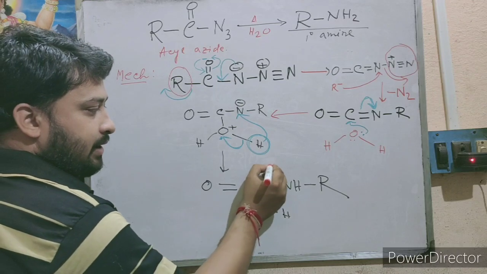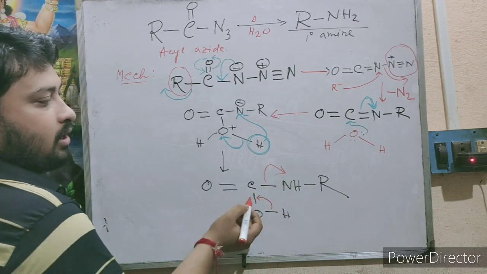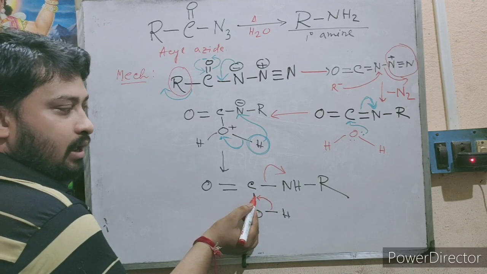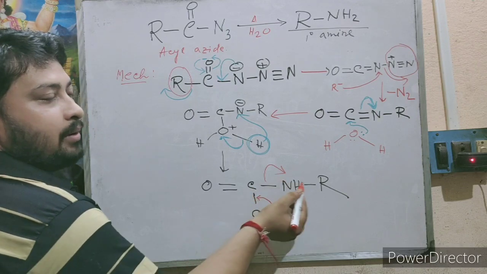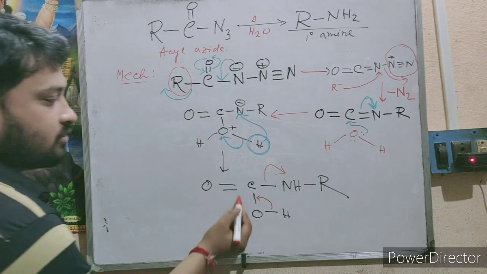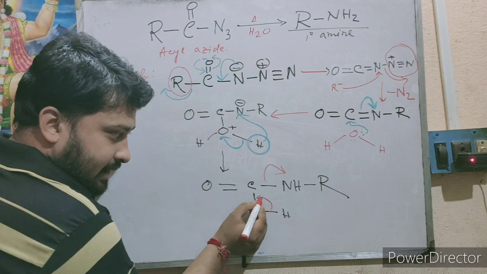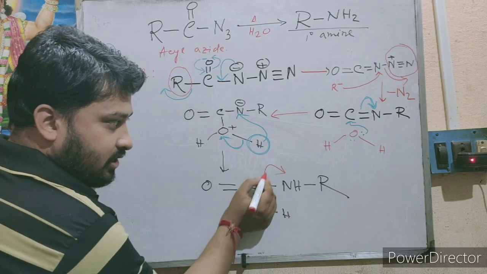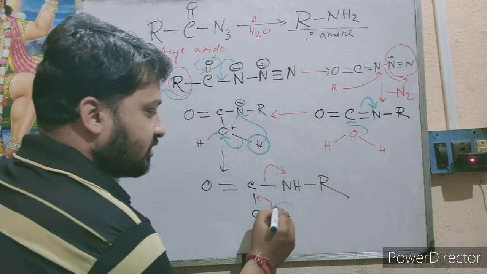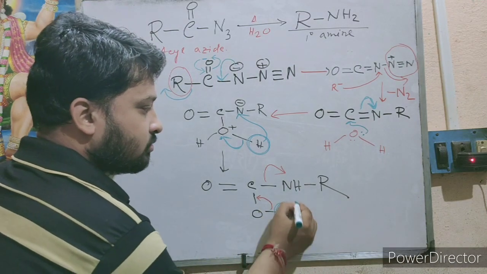So it breaks its bond. CO2 is formed. When it donates its bond, this bond is broken. And as usual, the hydrogen is free from here, so it goes to this negative.